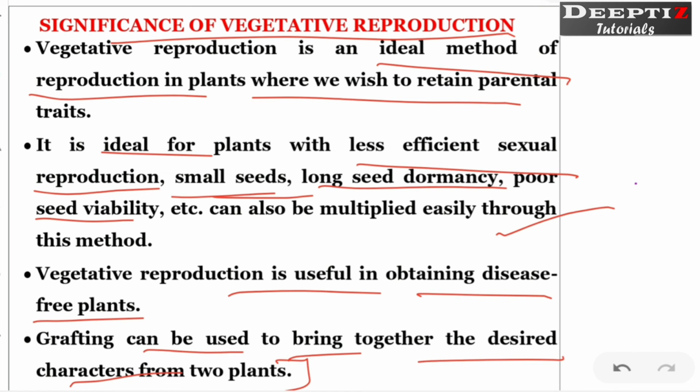Then we studied vegetative propagation, natural and artificial. In the natural method, there was vegetative propagation by stem, by root, by leaf, by floral buds. And in the artificial method, we studied cutting, layering and grafting. And we have seen the significance of vegetative reproduction.